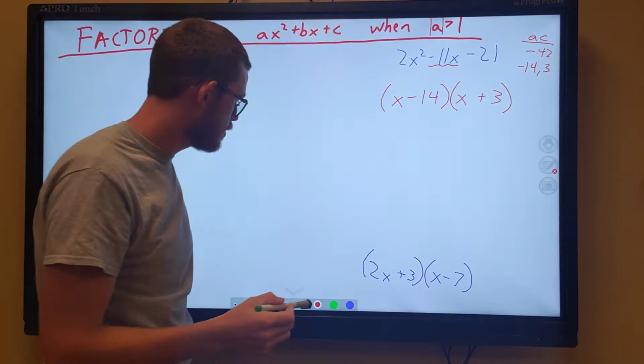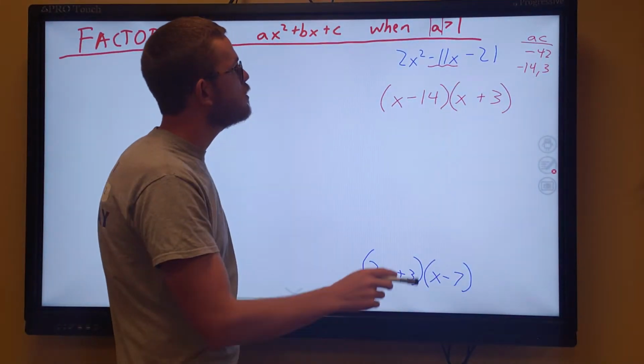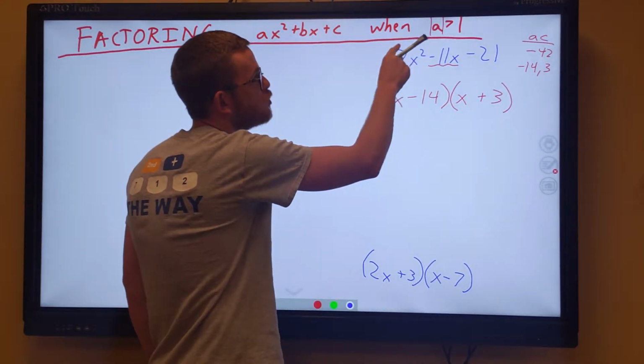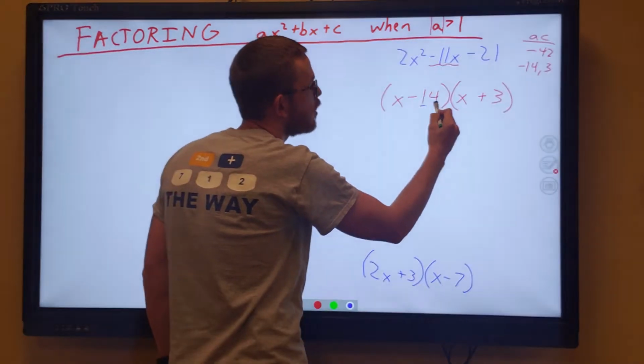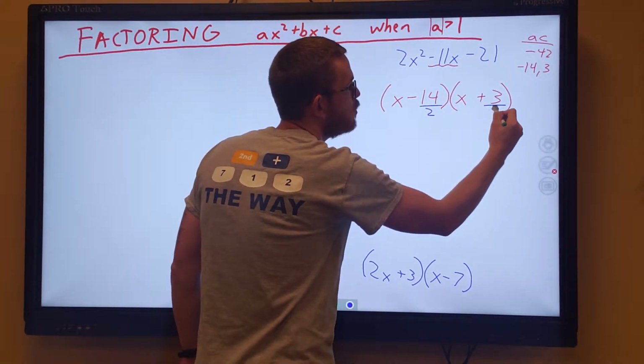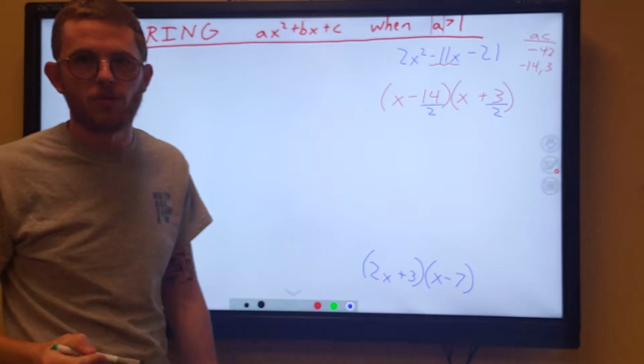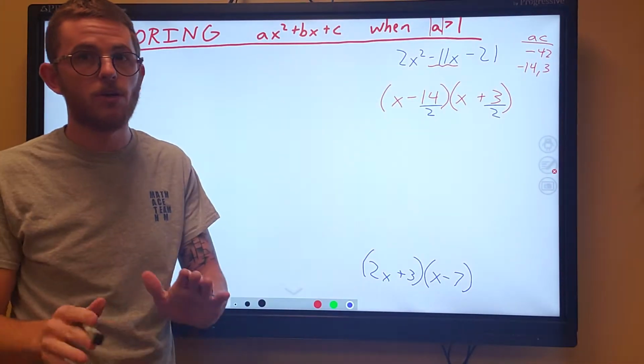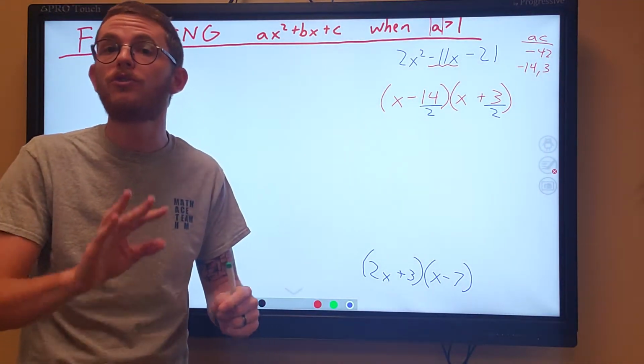Okay, interesting. And then, because there's a 2 in front, we're going to divide both those numbers by 2. Very strange, I know. If we can reduce, then we do.